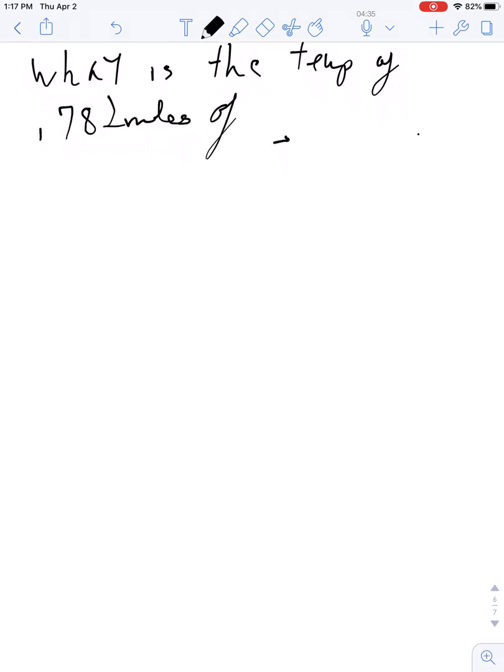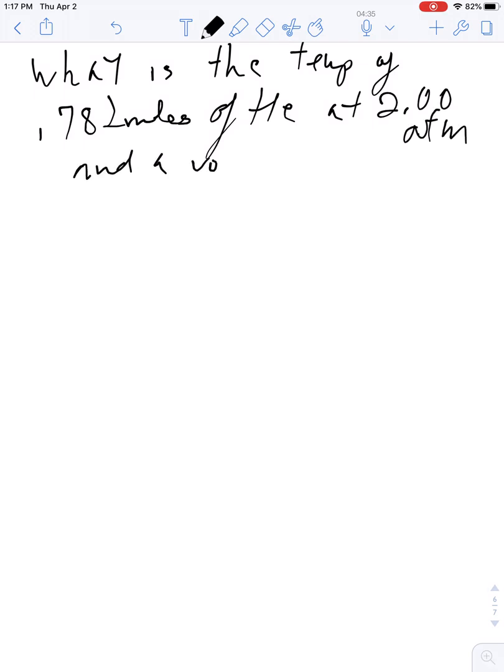What is the temperature of 0.782 moles of helium gas at a pressure of 2 atmospheres and a volume of 24.0 cubic centimeters?